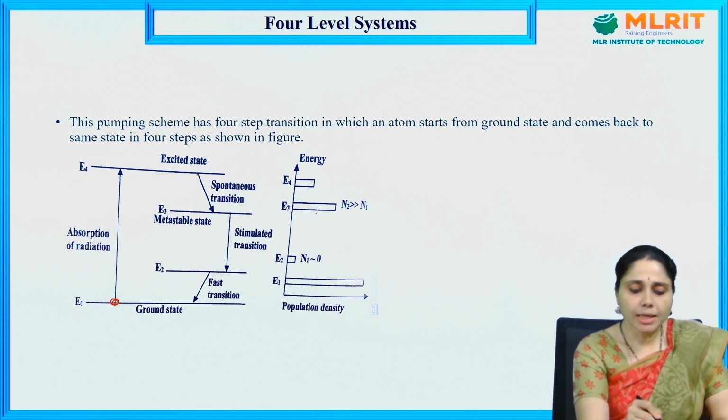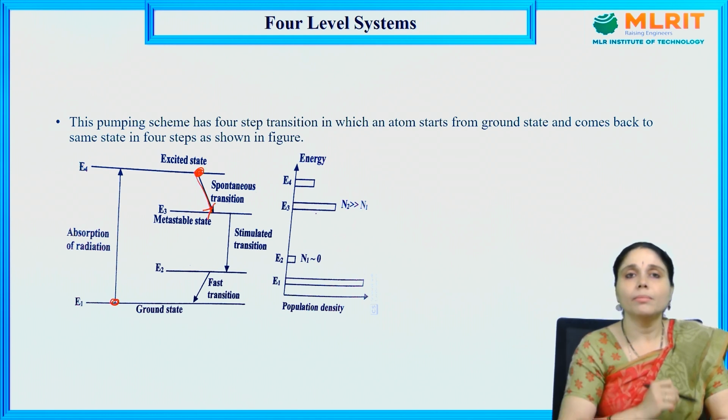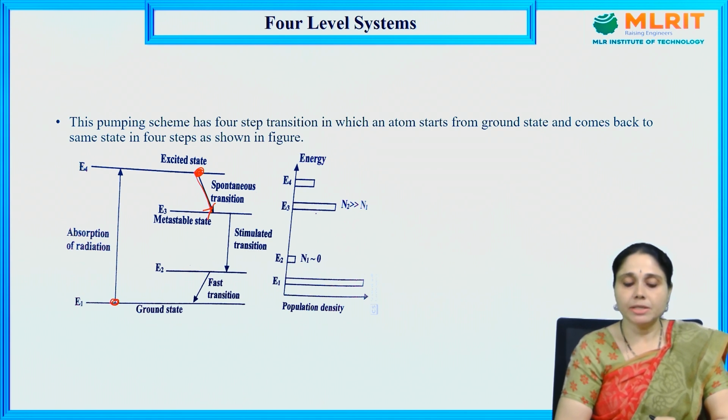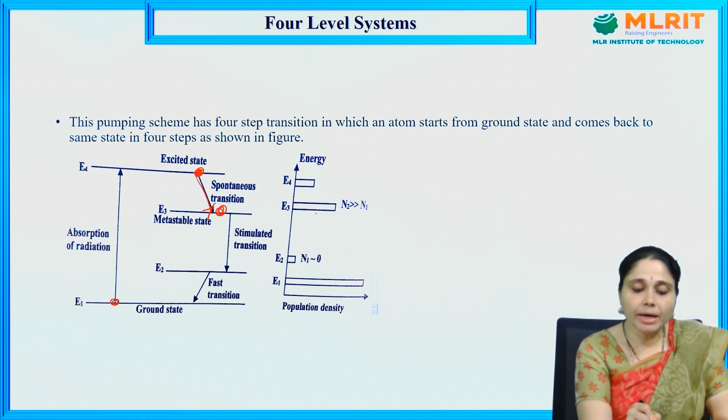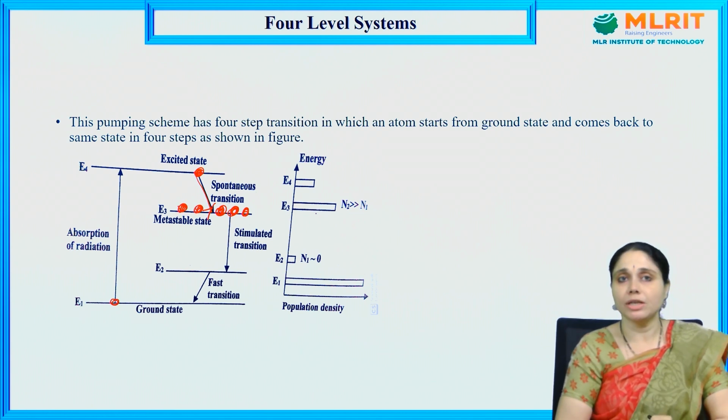The excited atom comes to the E3 state, the metastable state, and stays there. The atoms are collected in the metastable state and population inversion is achieved over here.